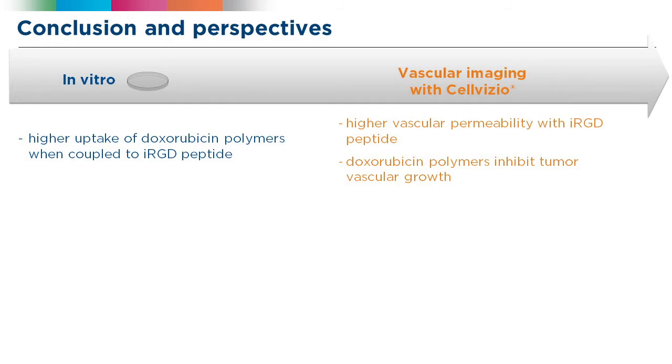But with the Cellvizio imaging, they observed the reasons why you had this higher uptake. First, it was because the vascular permeability was enhanced using this IRGD peptide, and also because the doxorubicin polymers inhibit tumor vascular growth.